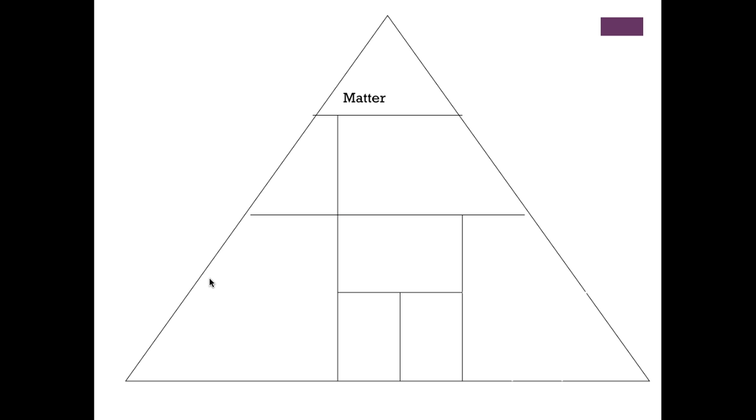Now matter is something that has mass and takes up space, but there are other things that exist that are not considered matter. Those are going to go out here to the right, and we're not going to talk about those too much, but an example of non-matter could be something like light or electricity.